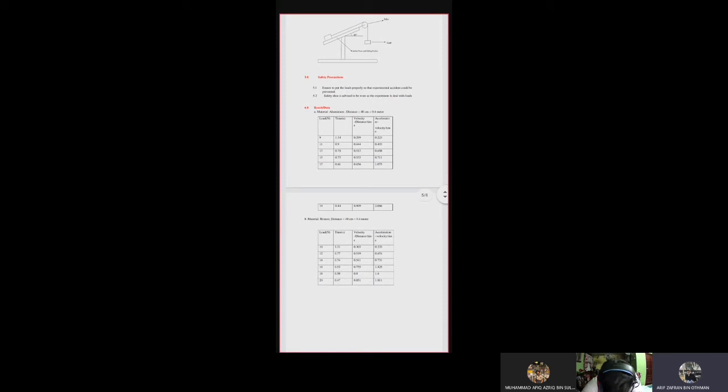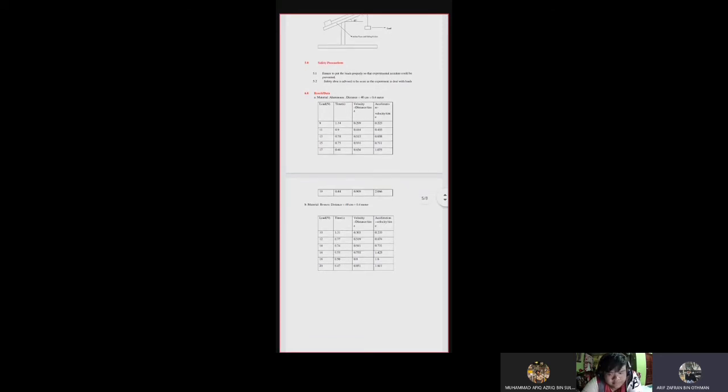Number 5, safety precaution. Ensure to put the load properly so that experimental accidents can be prevented. Safety shoes are advised to be worn as the experiment deals with loads. Number 6, result or data. We got two materials, aluminium with a distance of 0.4 meter.